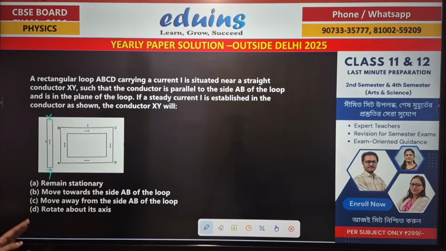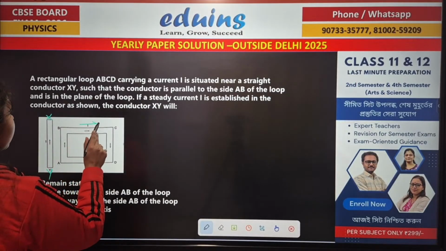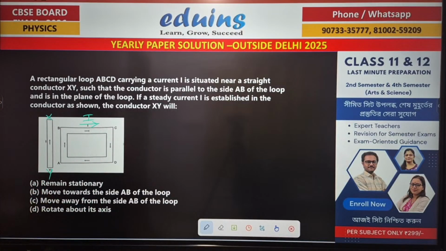If a steady current I is established in the conductor as shown, the conductor XY will remain stationary, move towards the side AB of the loop, move away from the side AB of the loop, or rotate about its axis. What will be the answer? What do you think?